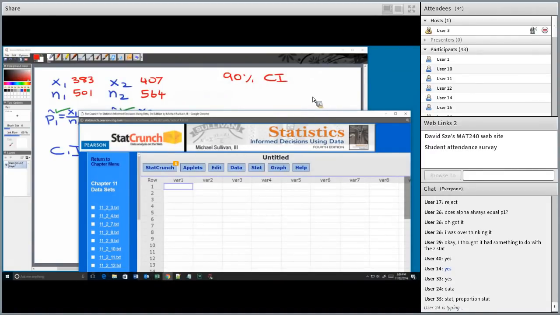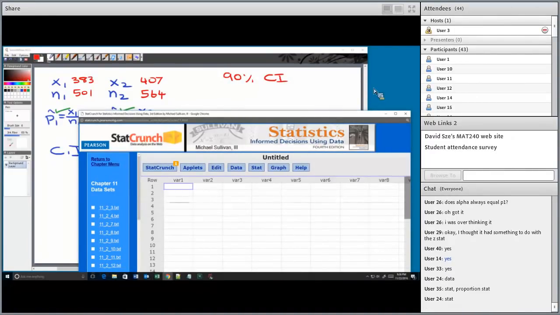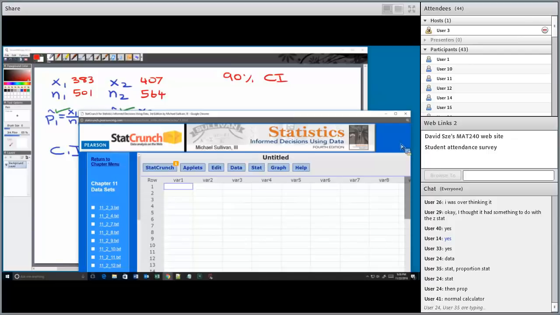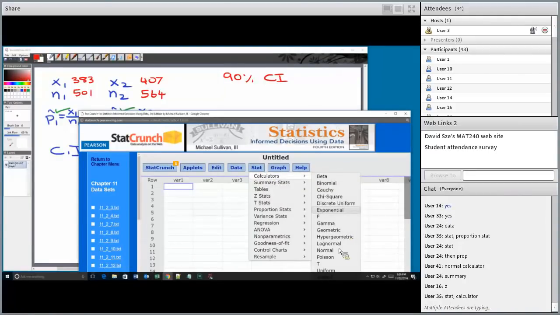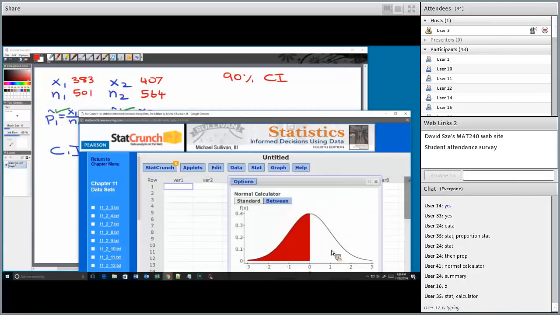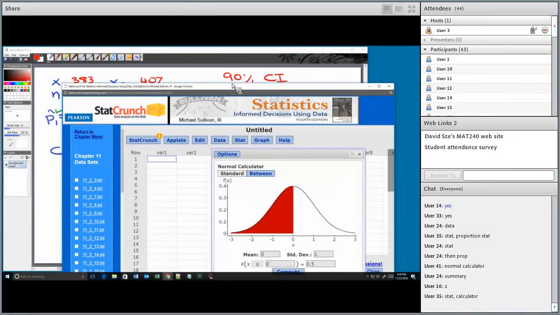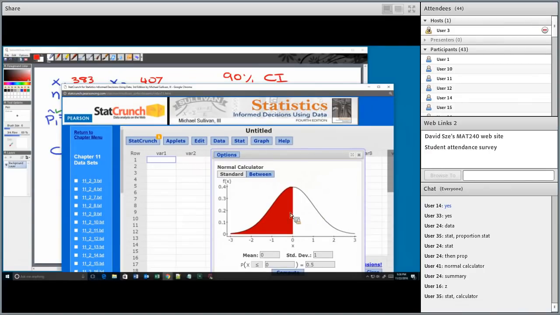It's a pop-up quiz. Okay, not proportion stats. Definitely stat, but not proportion stat. Aha, Amy's got it right. I'm going to go to calculator and I'm going to go to normal calculator. Okay, 90% confidence interval. What do I do now?